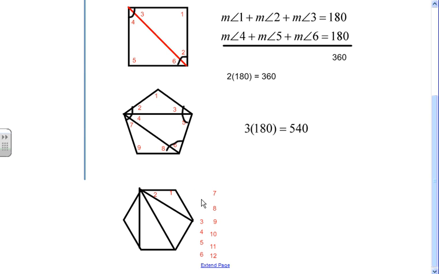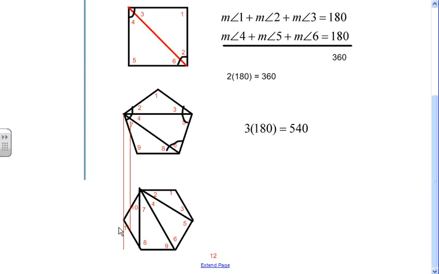Again, 1, 2, and 3 would add up to 180. 4, 5, and 6 would add up to 180. 7, 8, and 9 would add up to 180. 10, 11, and 12 would add up to 180.